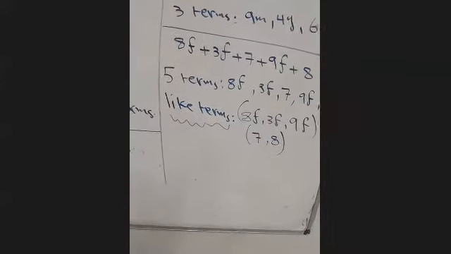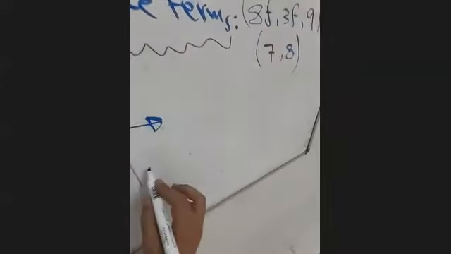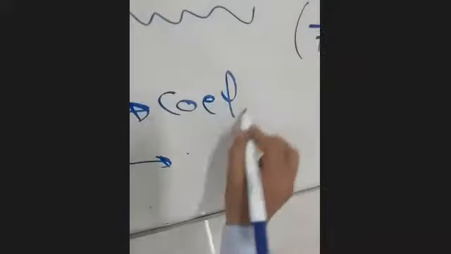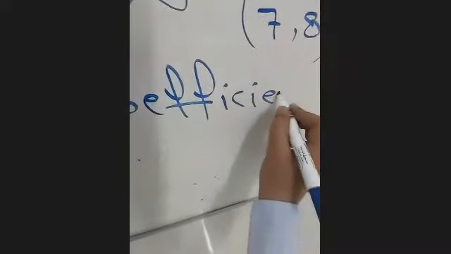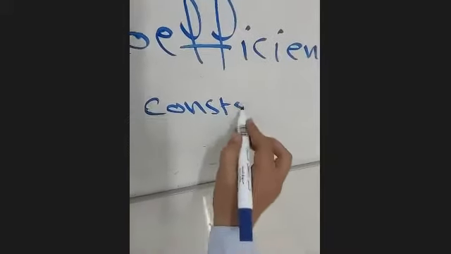Okay? Now we have 2 things. Something we call coefficients, and constants.